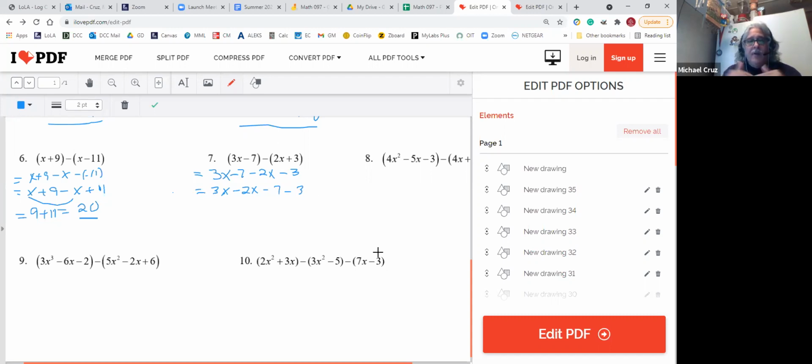Now I've got them close to one another, so it's a little bit easier to see what happens. So if you need to do that, go ahead and do it. Line them up, because when you're doing it across it could be easy to line up the wrong terms.